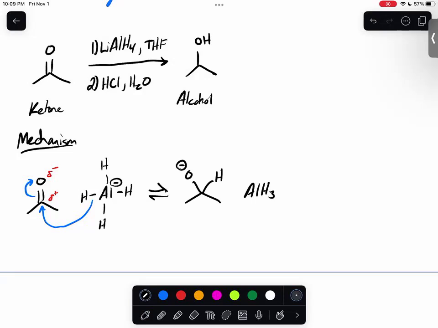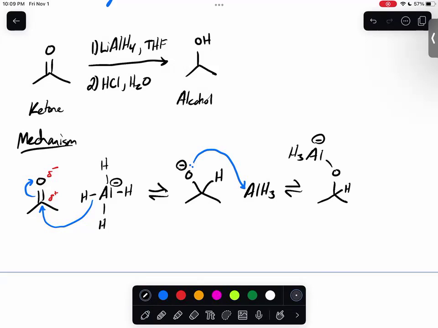So from here, we now have a Lewis base oxygen, and we have a Lewis acidic aluminum. So we can do a Lewis acid-base reaction that complexes and associates the oxygen to the aluminum, right? This is classic. It's what we talked about quite a while ago in one of our previous lectures that was related to acid-base chemistry associations.